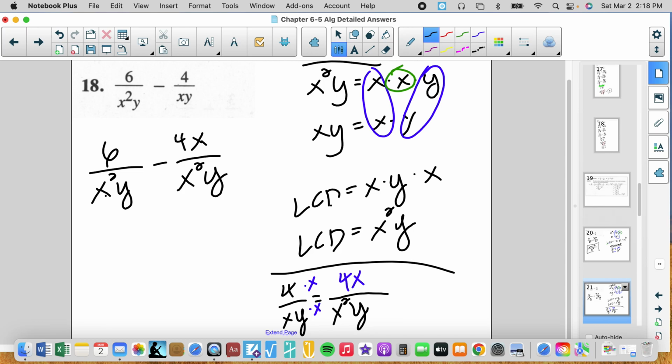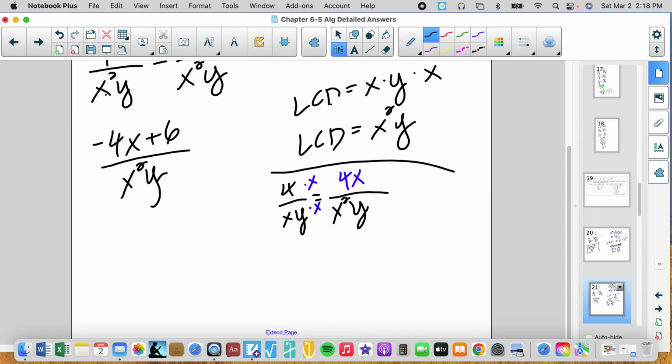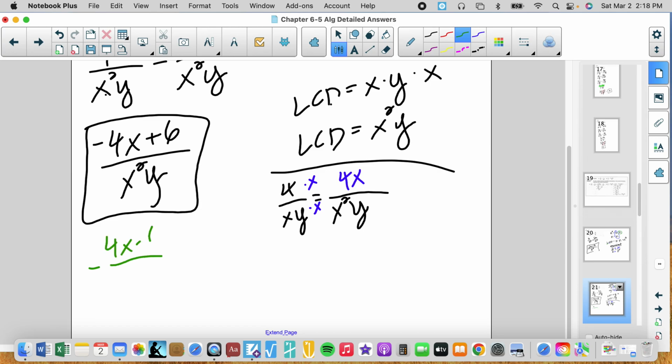So we're going to write negative 4x plus 6 over x squared y. I mean, that can be an answer. I'm sure that you could also pull out that negative and do 4x minus 6 over x squared y. Maybe that answer.